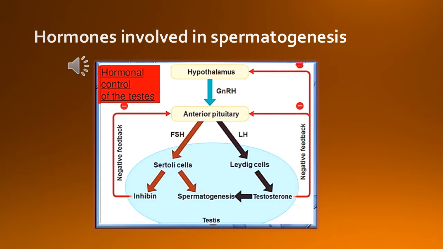Now, the FSH enters the testis and stimulates the growth of the testis. It also stimulates the Sertoli cells to initiate spermatogenesis and to produce androgen binding proteins. This protein binds testosterone and helps to maintain a high concentration of testosterone within the testis, which is very essential for the production of sperms.